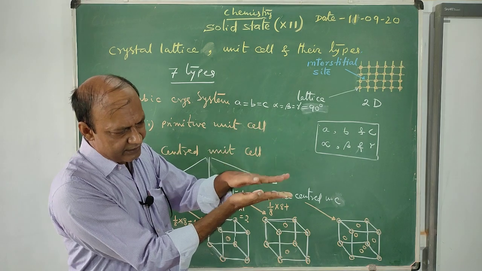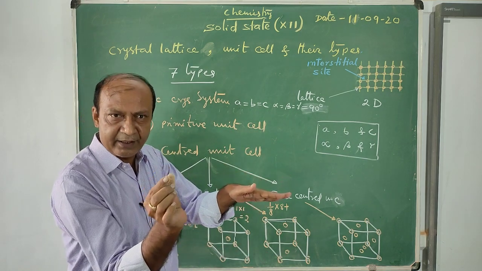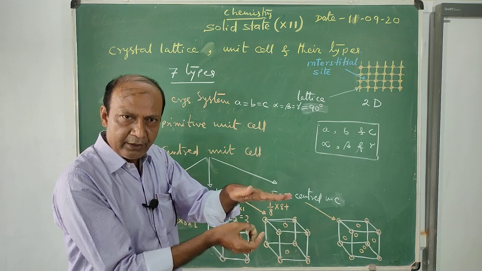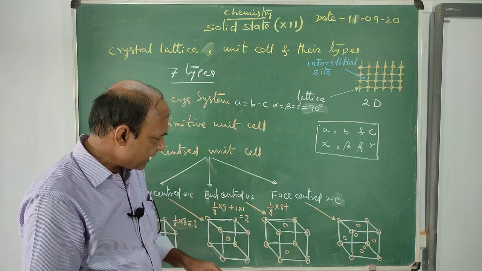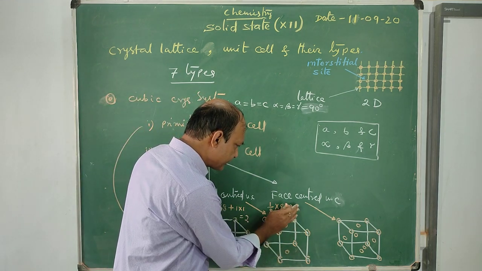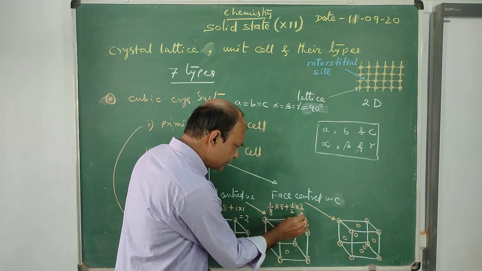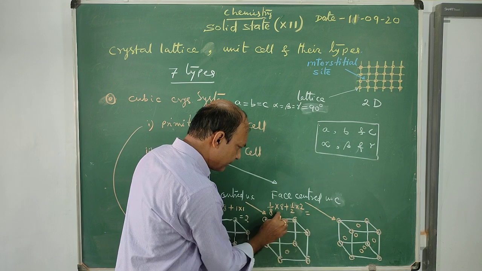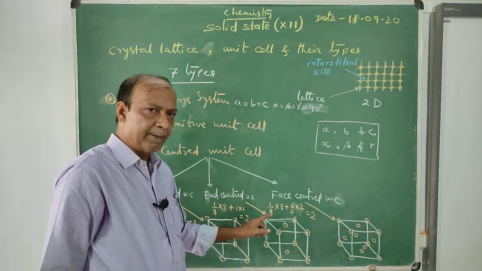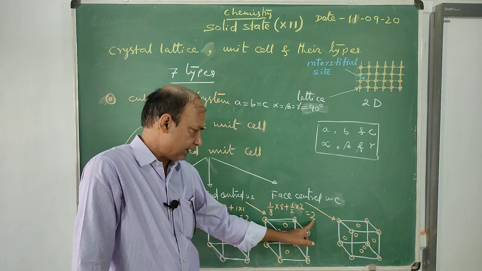This is 1 unit cell, this is another unit cell. Here is a particle. Particle means it is a sphere. So half will go above and another half will go below. So the contribution is half. So 2 particles with contribution half, half into 2. So this is also equal to 1 plus 1, that is equal to 2 particles. So 1 end-centered unit cell is composed of 2 particles.